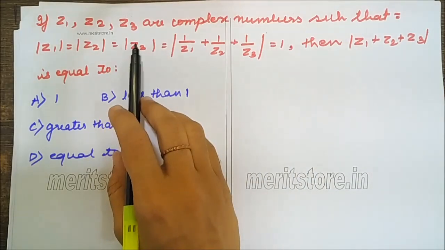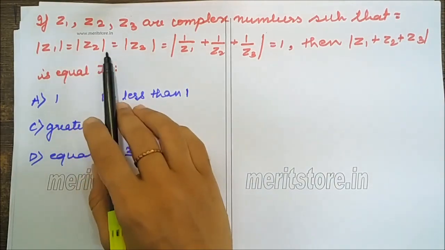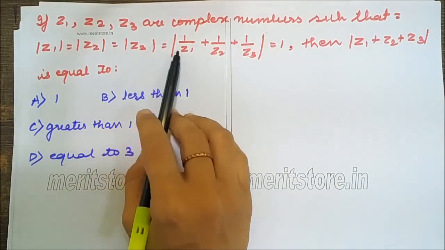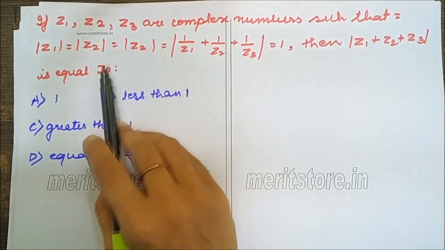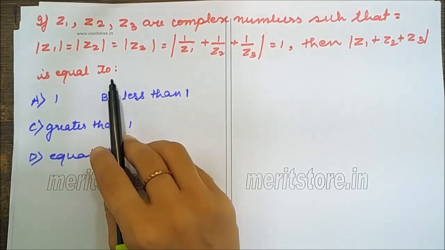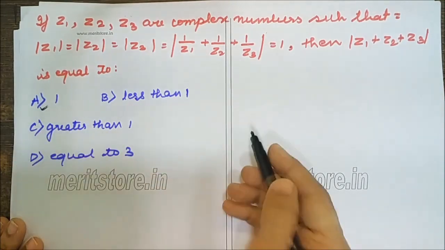If z1, z2, z3 are complex numbers such that |z1| = |z2| = |z3| = 1 and z1 + z2 + z3 = 1, then z1² + z2² + z3² is equal to A. How will you get the answer?